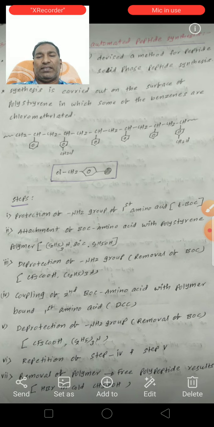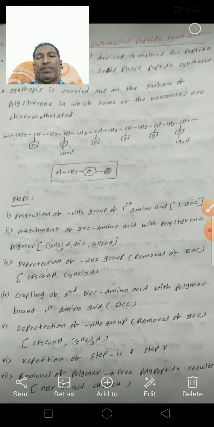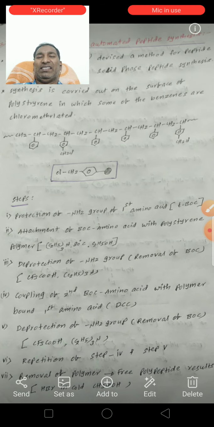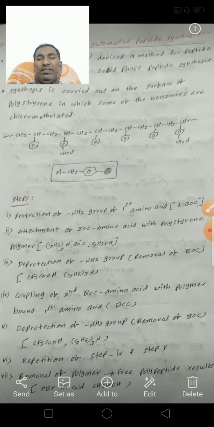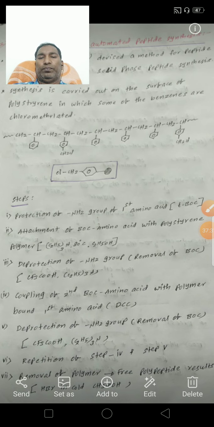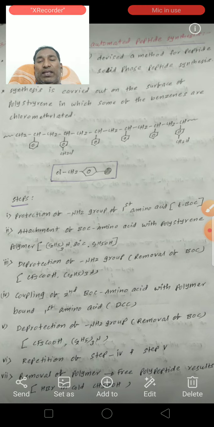Next, deprotection of the NH2 group, removal of BOC in the presence of trifluoroacetic acid and triethylamine. Next, coupling of the second BOC amino acid with the polymer-bound first amino acid in the presence of DCC.